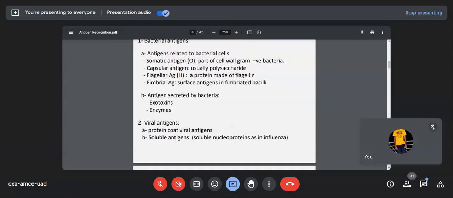With regards to bacterial antigens, I said bacteria can either produce toxins or enzymes that will be regarded as antigens or immunogens for the immune system, or just on their structure.